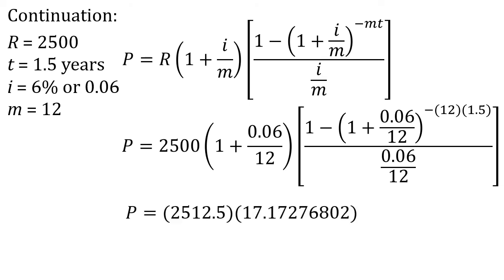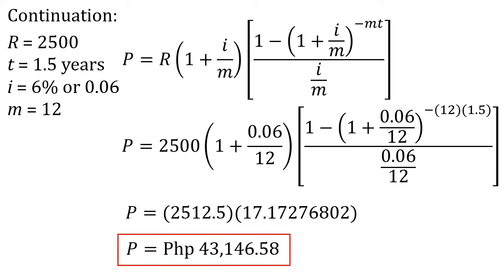Here, 2,500 times 1 plus 0.06 over 12 is 2,512.5. The items inside the bracket will result in approximately 17.17276802. Multiplying it by 2,512.5, that's 43,146.58. So the present value of this annuity-due is 43,146.58 pesos.